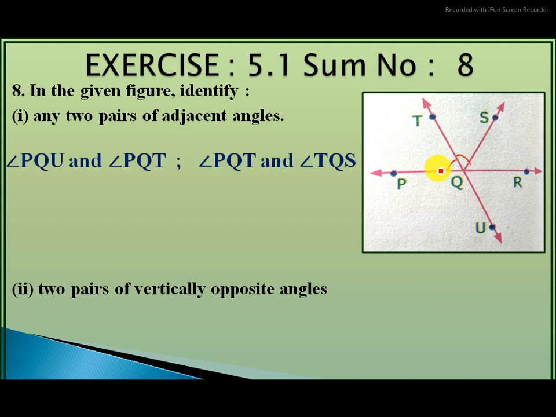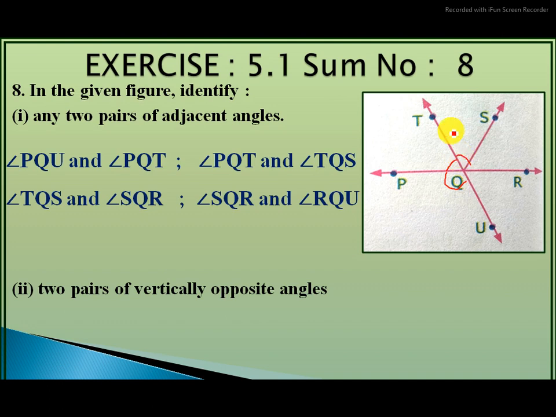Or angle PQT and angle PQU. Angle TQS and angle SQR, angle SQR and angle RQU are all adjacent angles. So you can write many more adjacent angles like this.